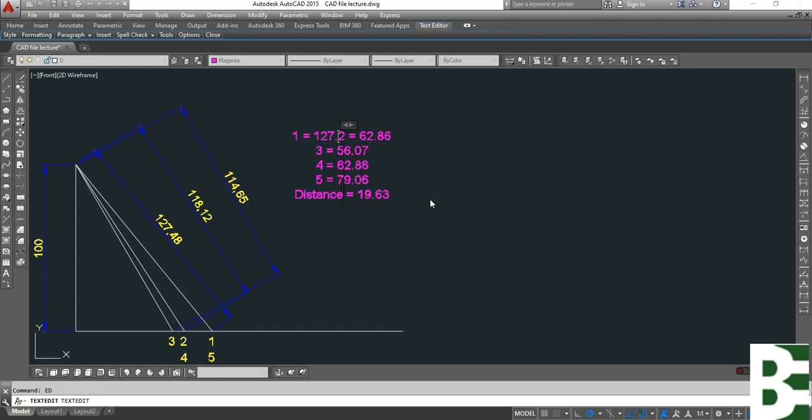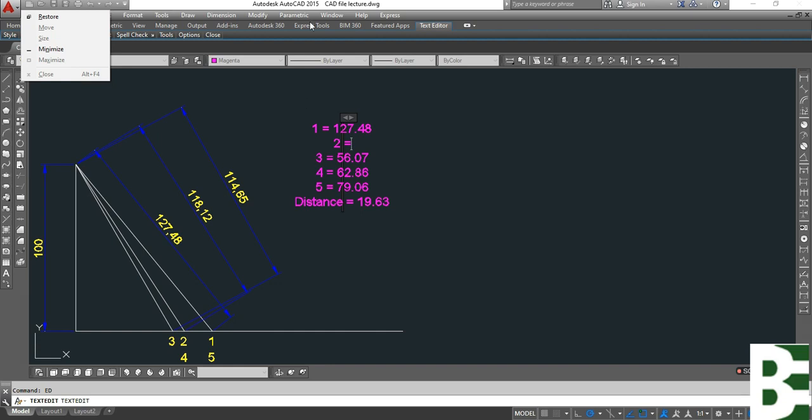Look, number 1 is 127.48. And number 2, I'll mention also, number 2 is 118.12, and number 3 is 114.65.